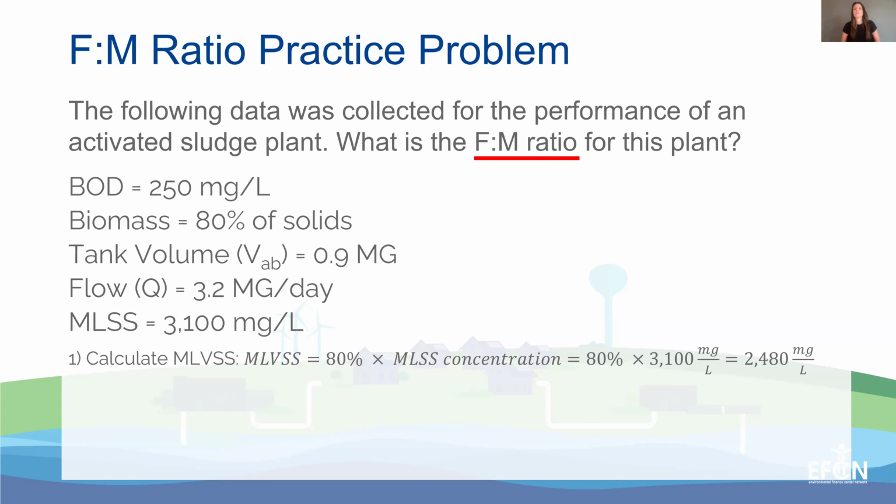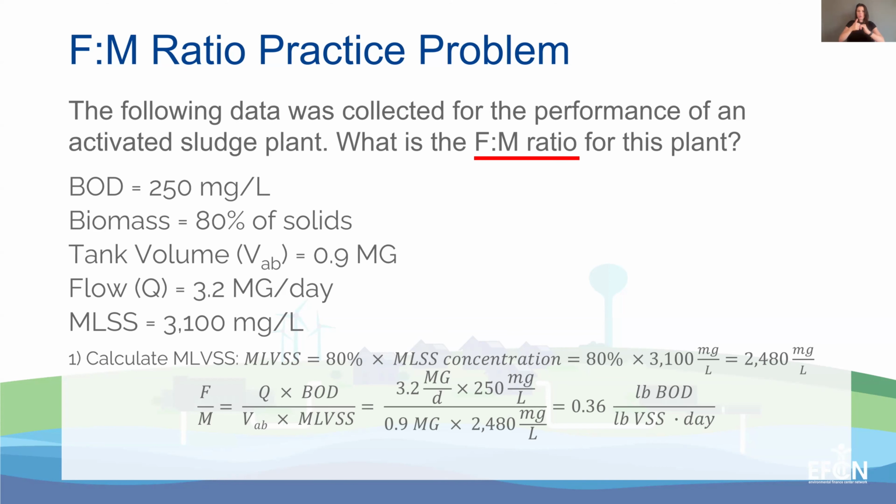So in saying that, let's show you guys how that math works. Our F to M equation is equal to the BOD loading, the flow times the BOD concentration, over the biomass, which is my concentration of living suspended solids multiplied by the total volume of my reactor, the aeration basin.